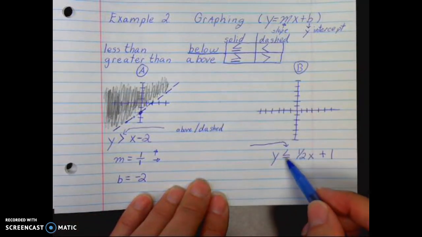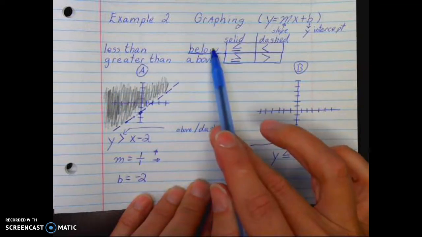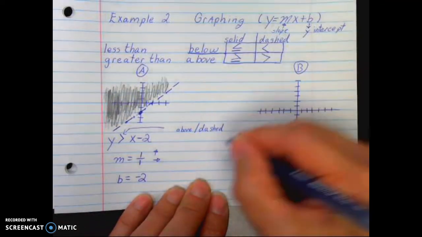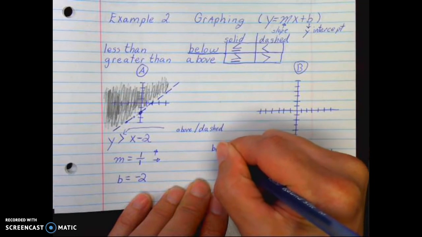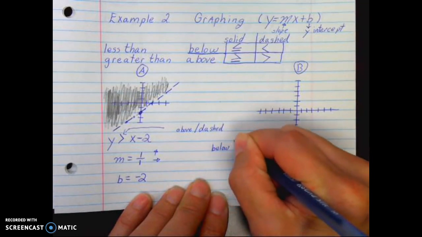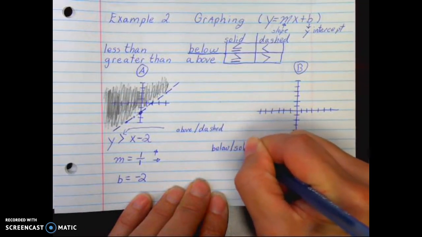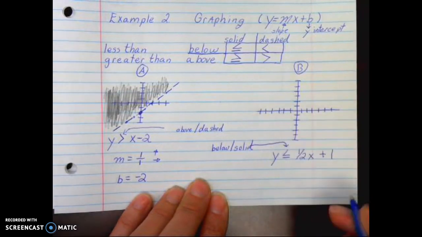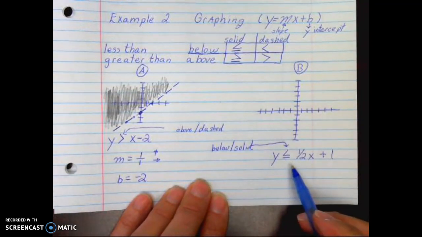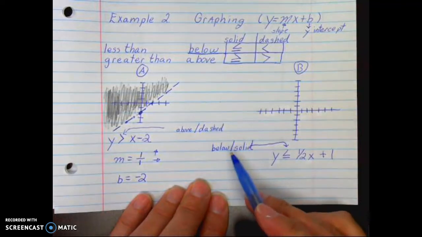And because it's less than, less than is going to be below. So this one's going to be below and solid, meaning the shading's going to be below and the line's going to be solid.